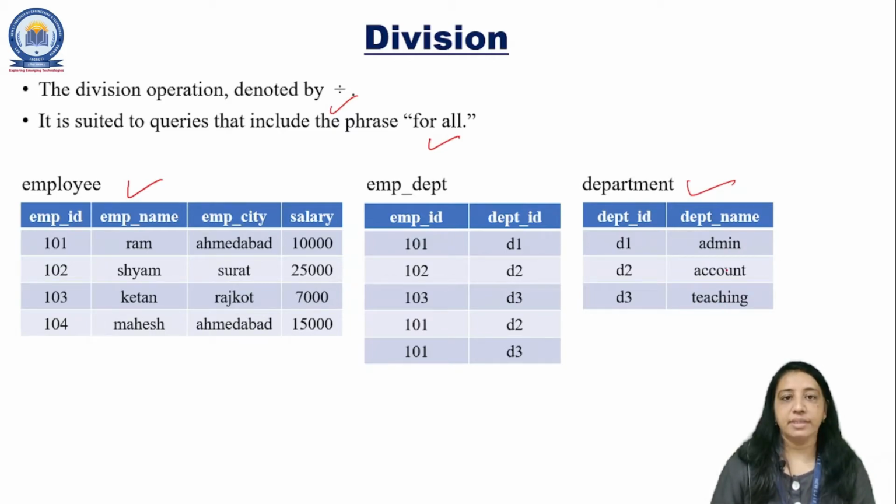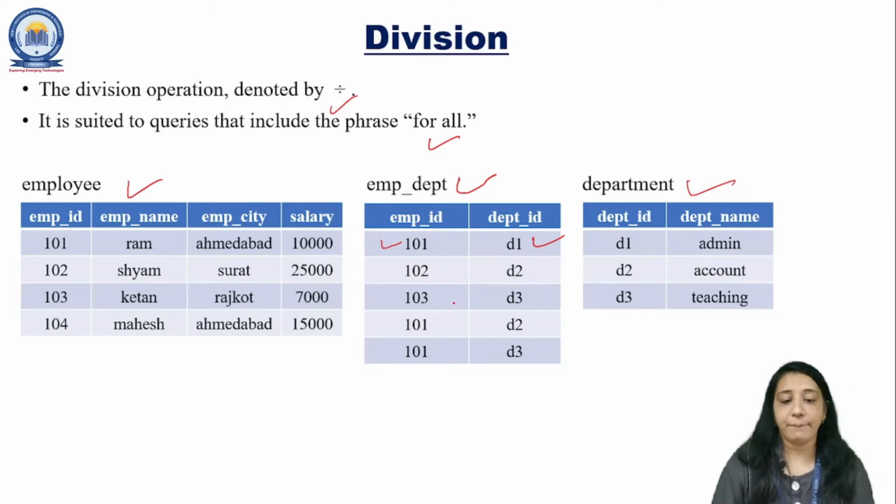Now what happened? The employee is going to be allocated some department. So that information is going to be here. So employee underscore department. That means we are going to combine these 2 tables, employee and department. In that you can find that this is the employee ID 101. It will be in D1 department. Same way this is for 102 and 103.